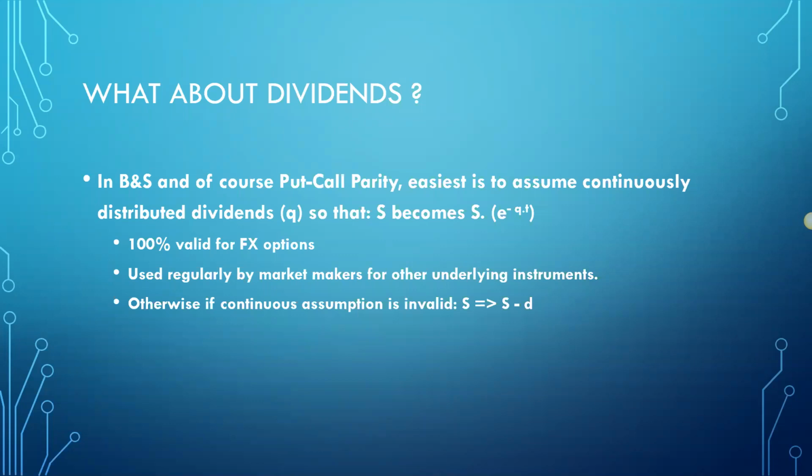Ideally, if a stock would give you a dividend 4 times a year, it would be better than once or twice a year. So the more continuous it is, the better it is. And the way you assume a continuous dividend is exactly the same way: you basically discount the dividend by the same factor.